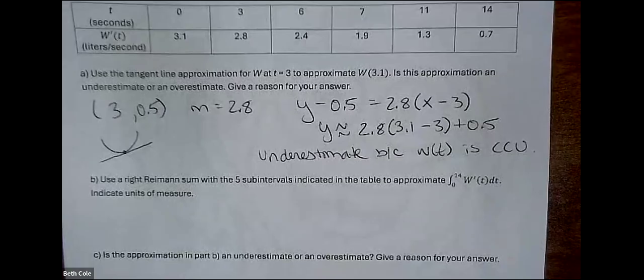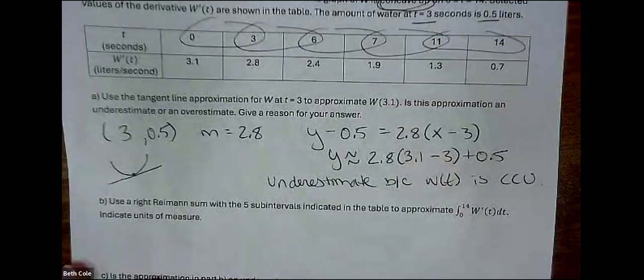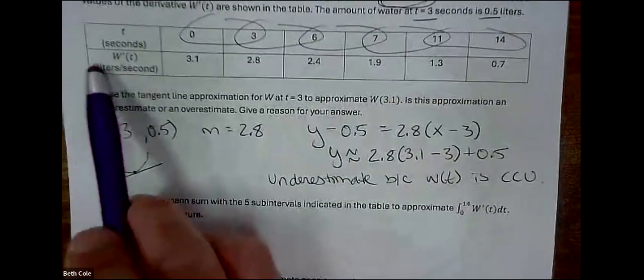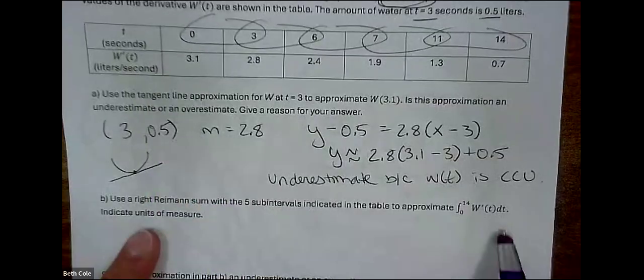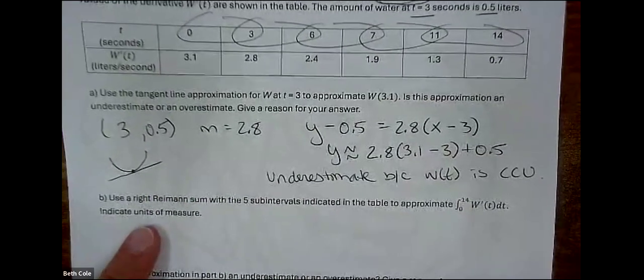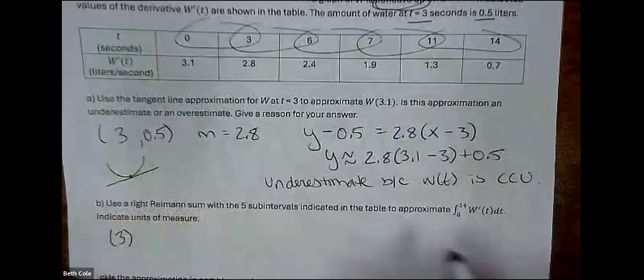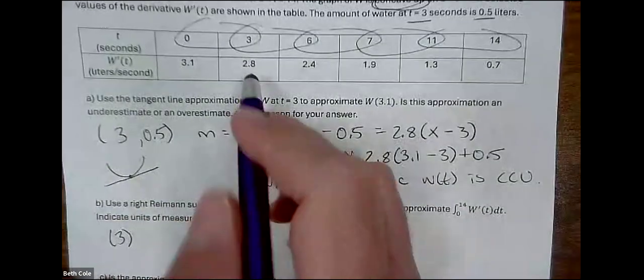All right. Use a right Riemann sum with these 5 subintervals: 1, 2, 3, 4, 5. And it says indicate units of measure. If this is liters per second and we're doing an integral, it's going to take us back to just liters. We're accumulating how much water is in the vase. So the first subinterval is 3, and it is a right sum, so I want the 2.8.